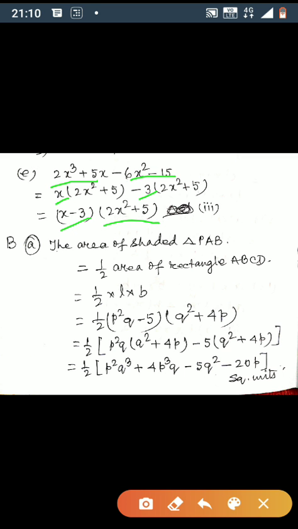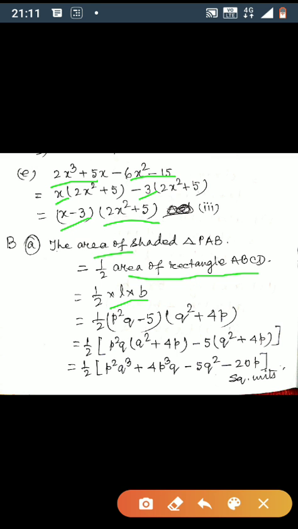Now question B. In the given figure, ABCD is a rectangle with length p²q − 5 and breadth q² + 4p. Find the area of the shaded triangle PAB. The area of the shaded triangle PAB equals half of the area of rectangle ABCD, equal to 1/2 into length into breadth, that is base into height.